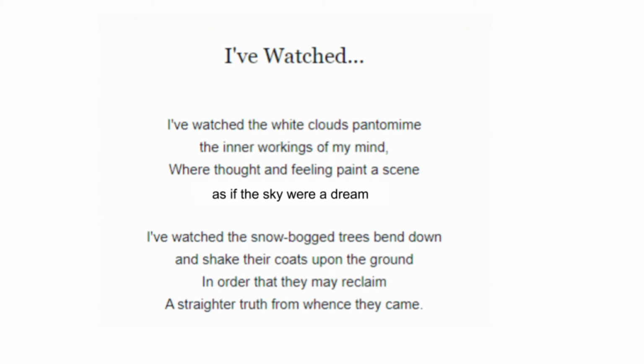I've watched the clouds pantomime the inner workings of my mind, where thought and feeling paint a scene as if the sky were a dream. I've watched the snow-bogged trees bend down and shake their coats upon the ground, in order that they may reclaim a straighter truth from whence they came.